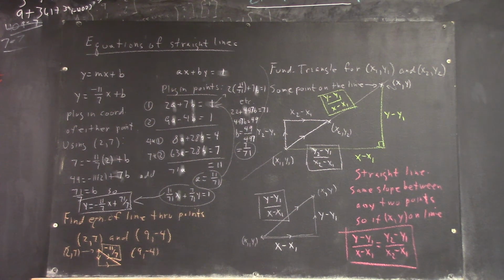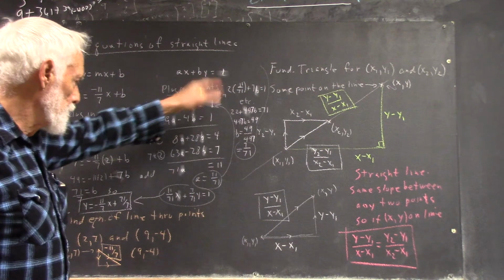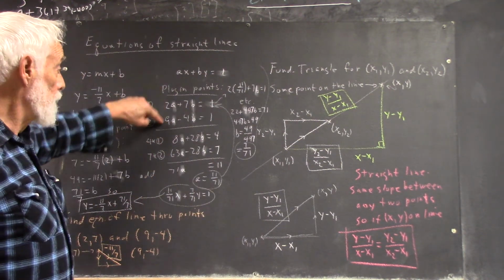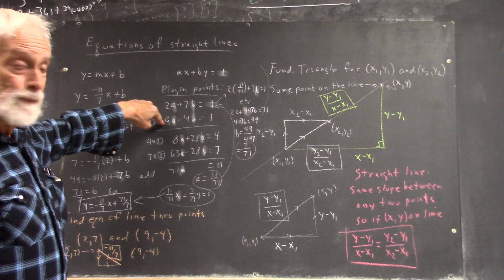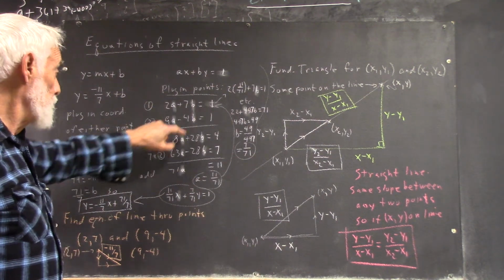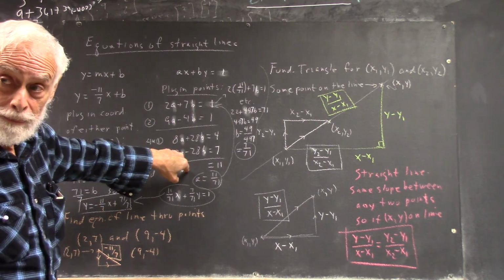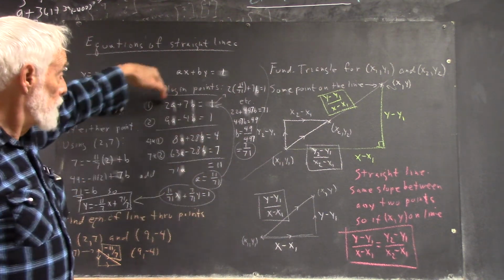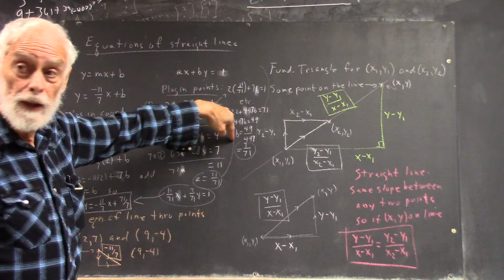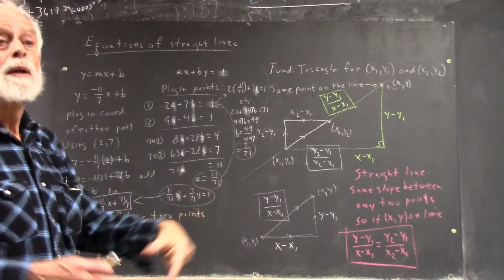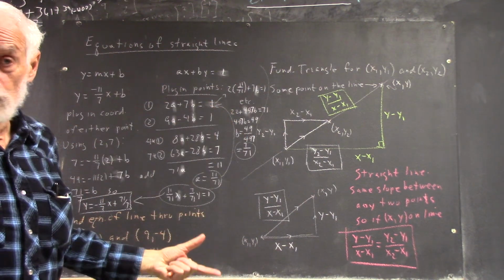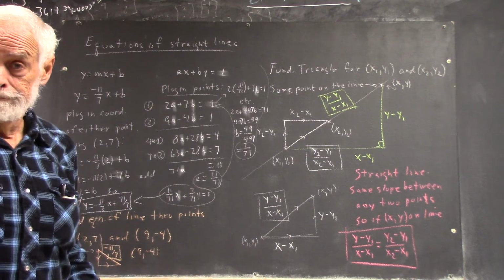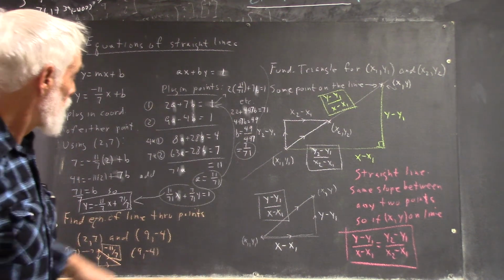Now, you might have gotten lost in the details, especially since I wrote some of them pretty small, but it's just a matter of you take these 2 points, you plug them in, you multiply each equation by the right thing so they match up. So you eliminate B, you solve for A, you plug that into one of the equations, and you solve it for B. Just the same procedure we've used with the simultaneous equations for this flow model. Okay? So it all works.